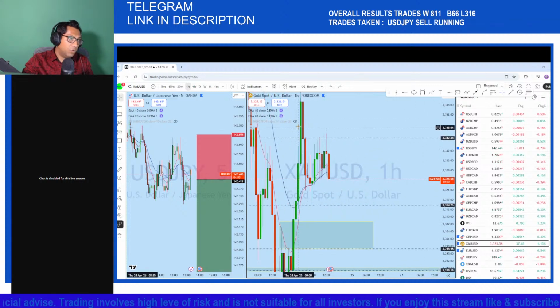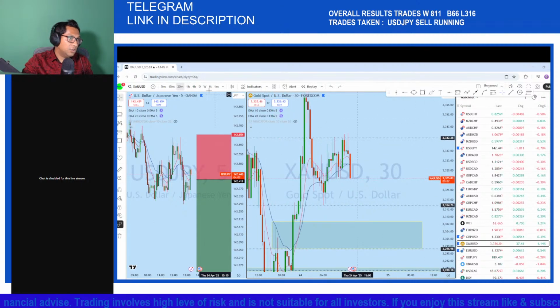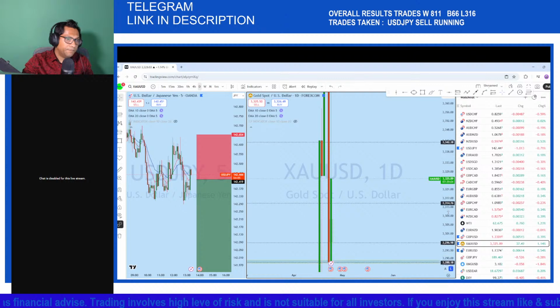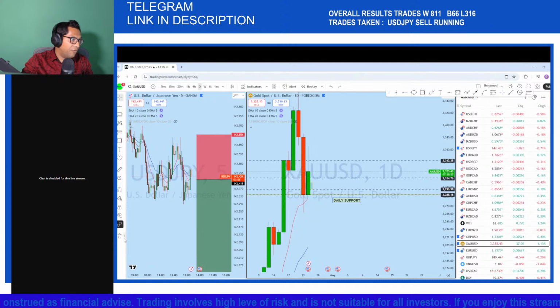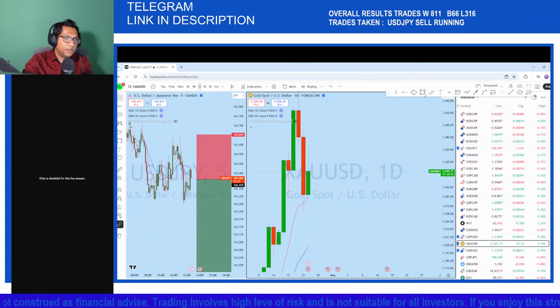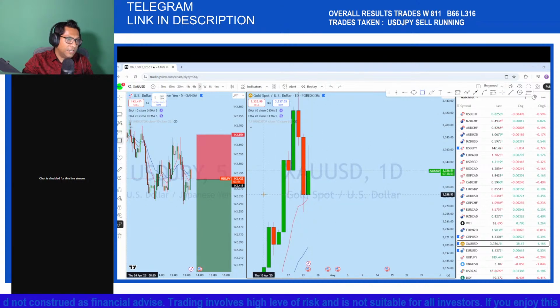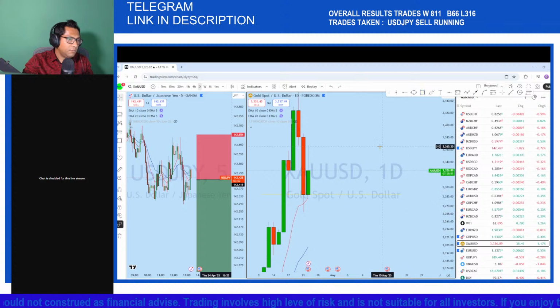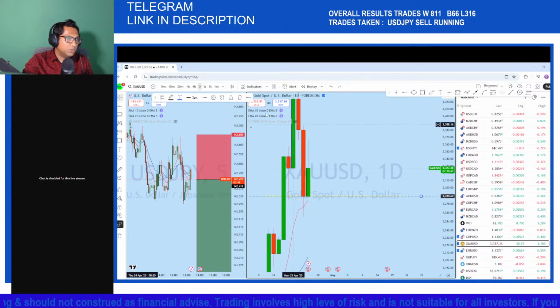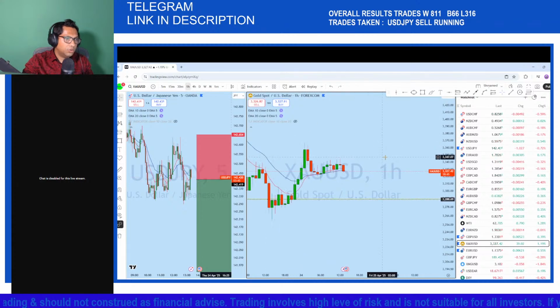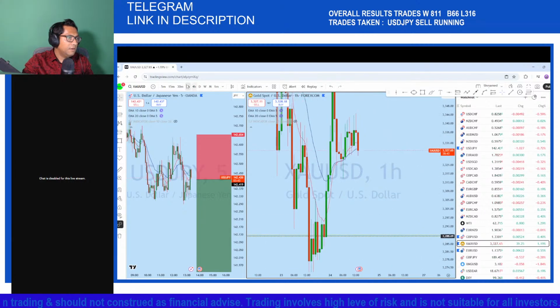I think that everyone will agree with me that for the market to drop to that daily low, that's where the opportunity may come for a bounce. So if you look at here, this is the daily low, and from the daily low, waiting for a possible bounce in that area, waiting to see that happen.